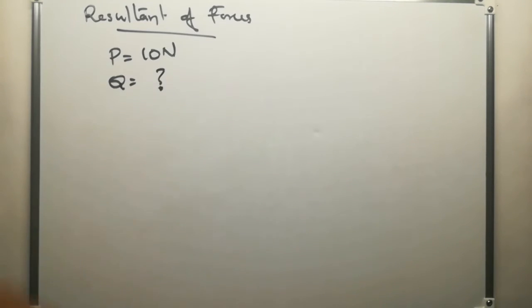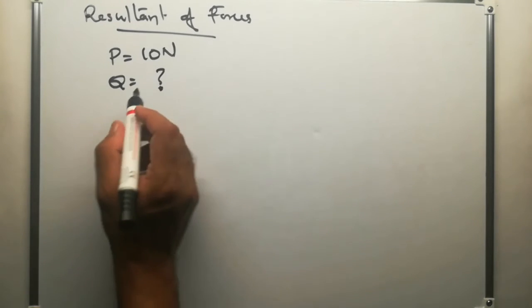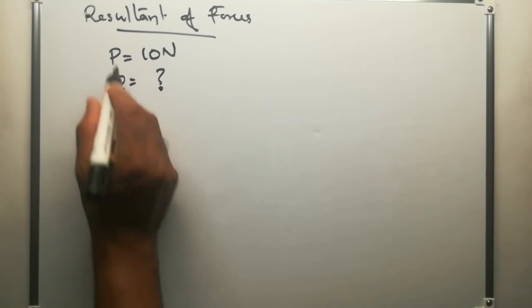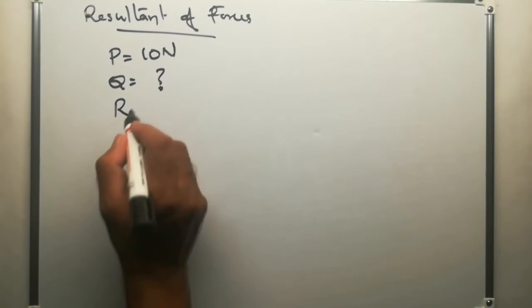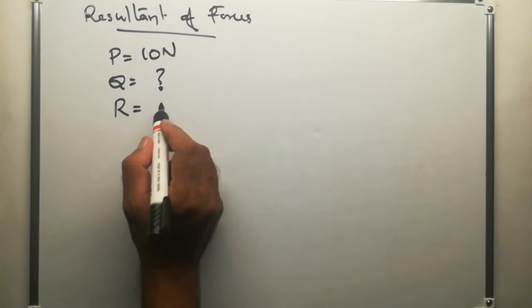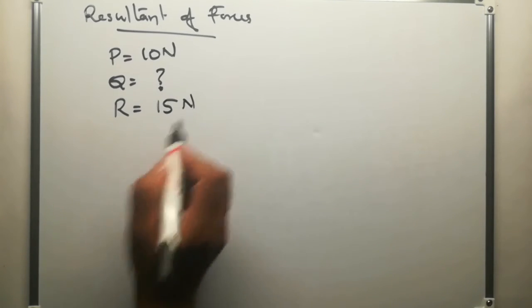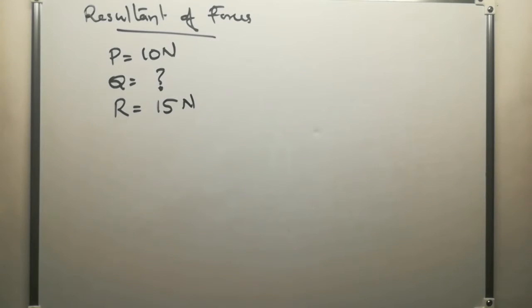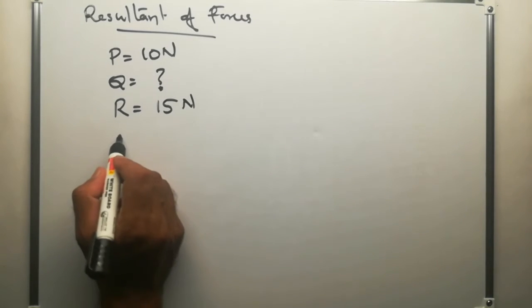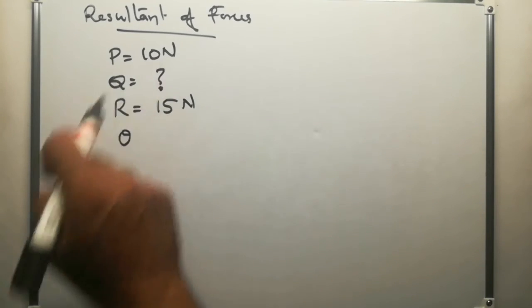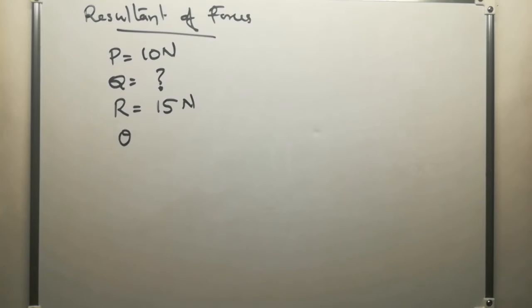Another piece of information we have is that the resultant of P and Q is R, and its magnitude is 15 Newton. And the angle between P and Q is theta equal to 30 degrees.